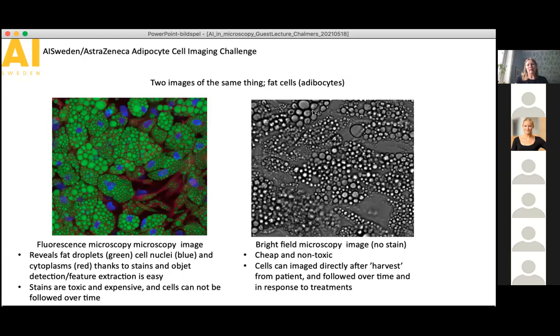And we can, for example, see how the cells respond to different treatments. So we would really like to do our experiments here, but we know that it's difficult to extract features from these images as compared to these images. So we kind of want to do this imaging, but we want to use this for measuring things. And that was the challenge in itself.